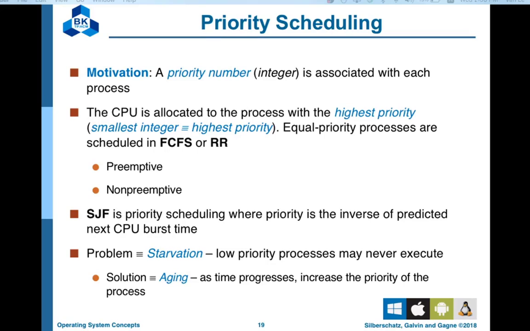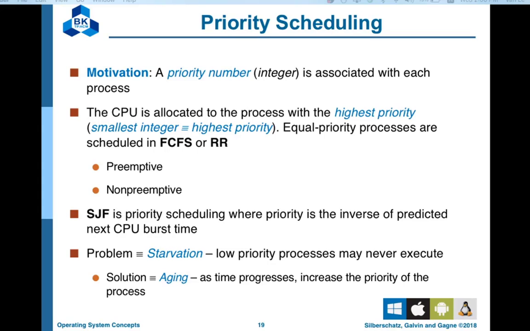The problem of priority scheduling is starvation. Starvation means that a process waits but does not know when it will be allocated the CPU.